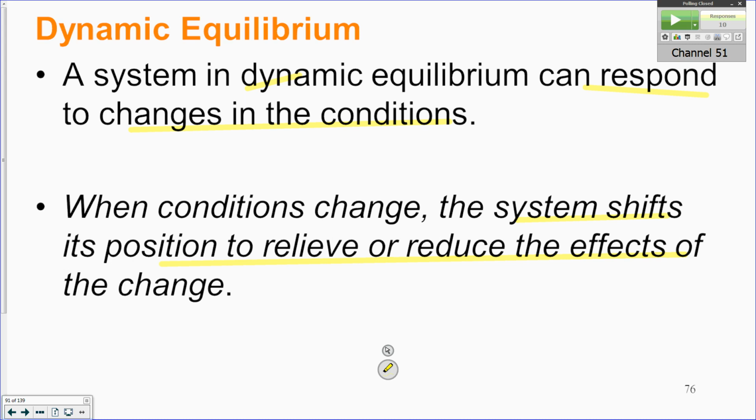The reason a chemical reaction proceeds in the forward direction from 2 reactants to make some products is that it's shifting in the direction that has less stress on the system, and we can think of that stress as energy. It's the system that has the lowest energy compared to the reactants.